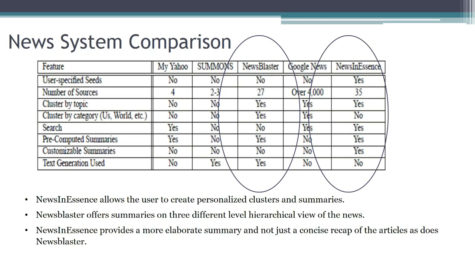News in Essence offers it, while News Blaster doesn't. But at the same time, News Blaster offers summaries on three different levels, like we said: finance, related events, and specific, which News in Essence does not. And News in Essence provides a very elaborate summary, and there are many more comparisons. Of course, there's also Yahoo and Google News, which we didn't discuss here.